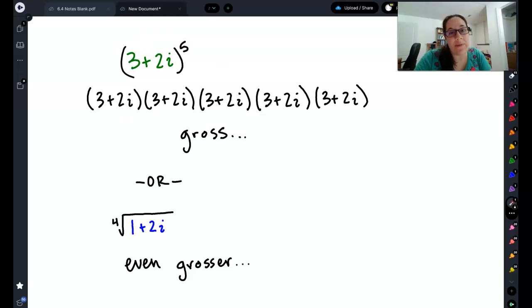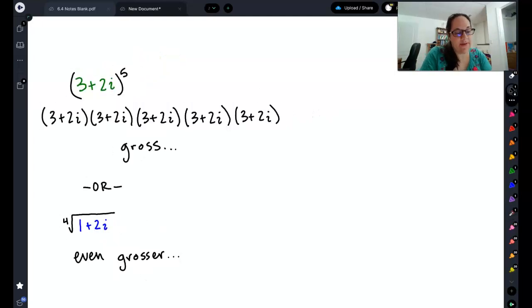This is where the problem starts to get pretty gross if you try to do it algebraically. If you just blunt force multiplied all of those, that would take you forever. However, there is a polar form rule for exponents. It is called de Moivre's theorem. Mr. de Moivre is who discovered it.